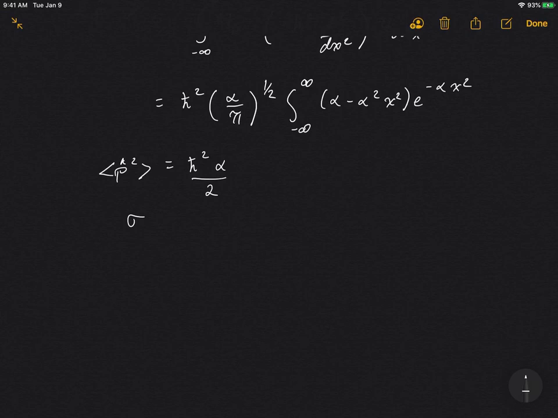Since the average momentum is 0, the momentum squared is equal to the variance, actually. This isn't always true, but when the average value is 0, the momentum squared expectation value is equal to the variance. We saw this before, but again, it's not always true. So we get h bar squared alpha over 2.